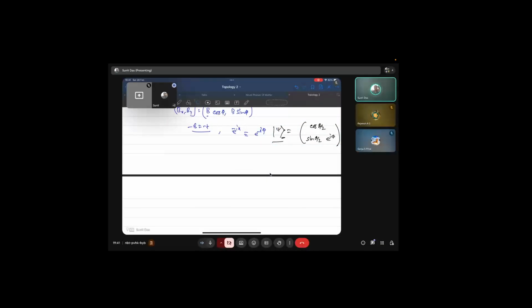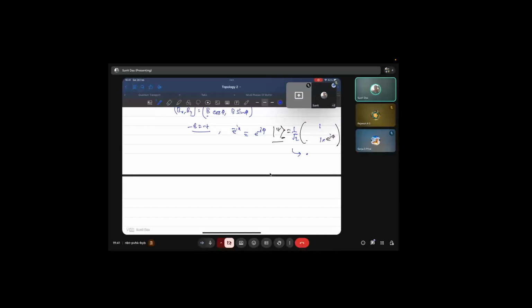Now what we have additionally right now is that your theta was already pi by 2, right? So that means cos pi by 4 and sin pi by 4. So this will vanish, I mean, it will be just 1 times e to the power i phi, and then there will be root 2, right? Both cos pi by 4 and sin pi by 4 are 1 by root 2.